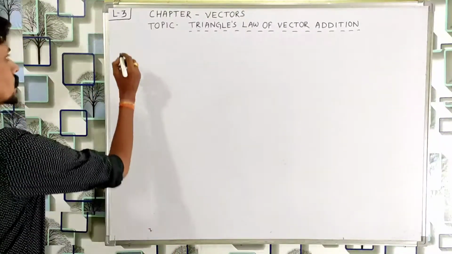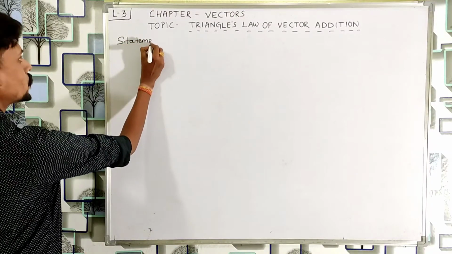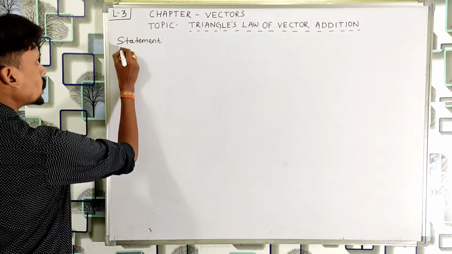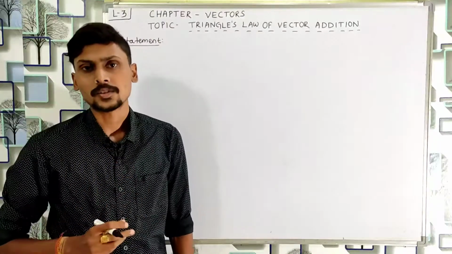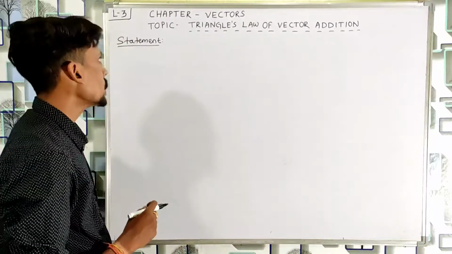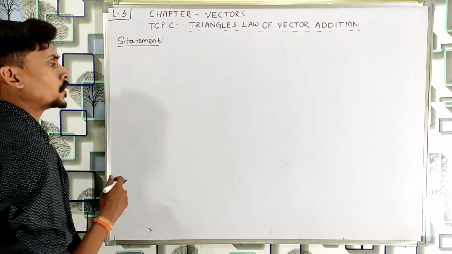So what is the statement of the triangle law? Remember that the triangle law is used to add two vectors. Is that clear? So first let me write the statement of the triangle law of vector addition.